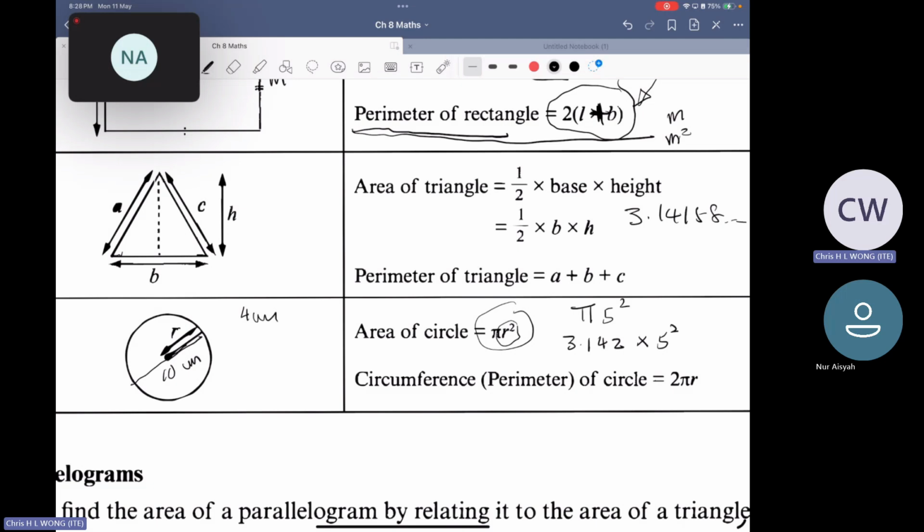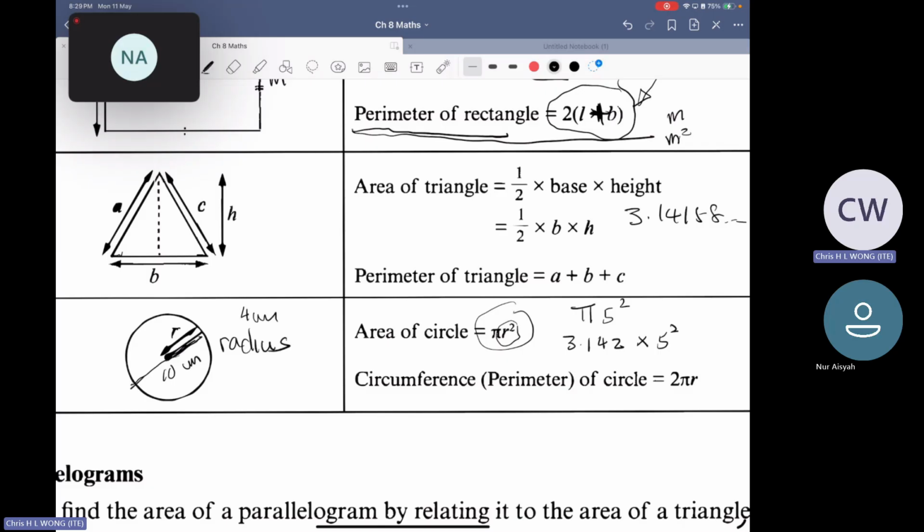But some people use pi d. Why? Because 2r is d, isn't it? What is the d, by the way? D means diameter. R is the radius. Radius means half. This is the radius. Half is a radius.